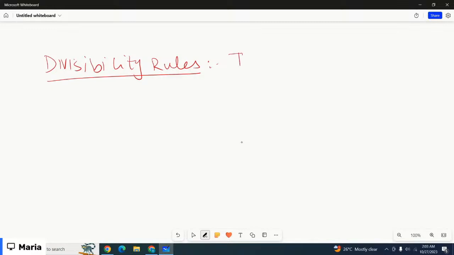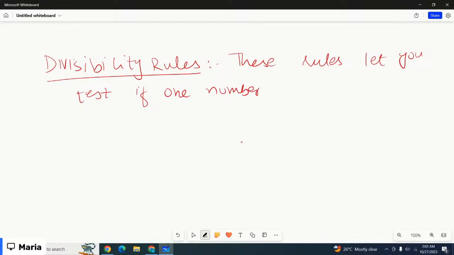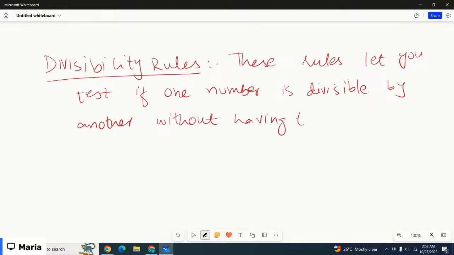These rules let you test if one number is divisible by another without having to do too much calculation.